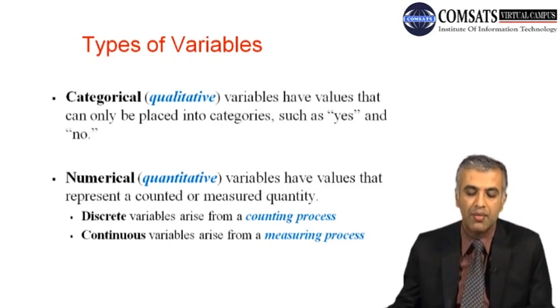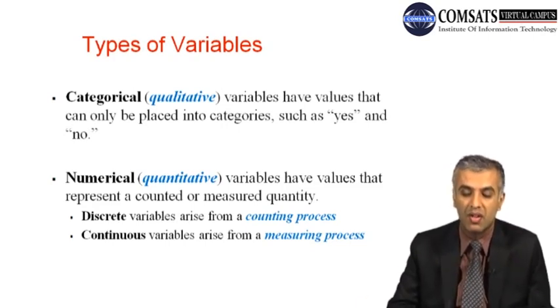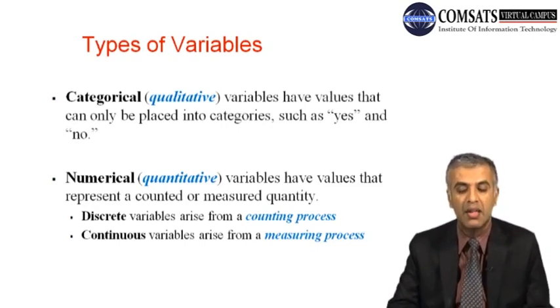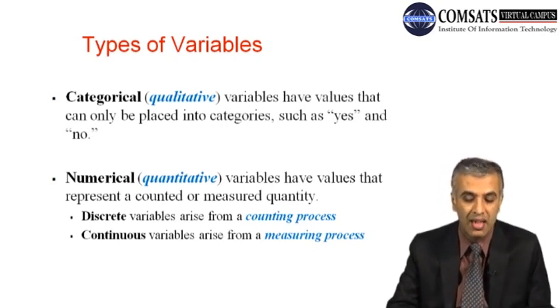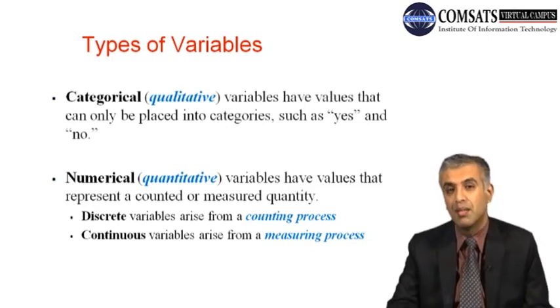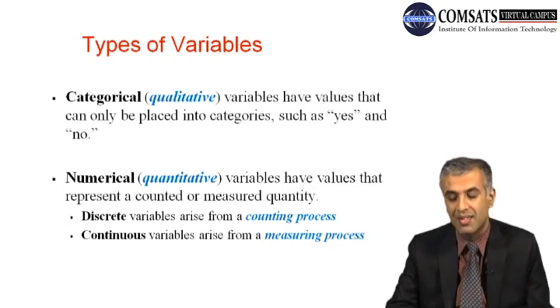Again, we know that a categorical variable comprises values like yes and no; we are dealing with qualitative variables which have categories. Then we have numerical variables, of which there are two types: a discrete variable comprising a counting process, and a continuous variable arising from a measuring process.